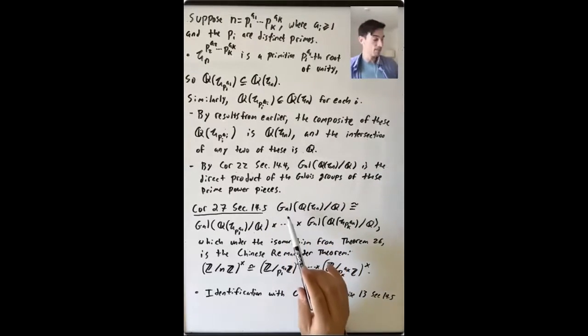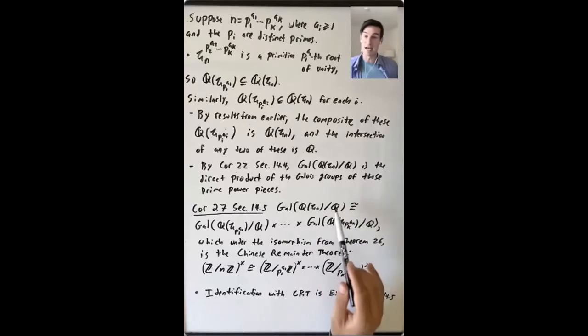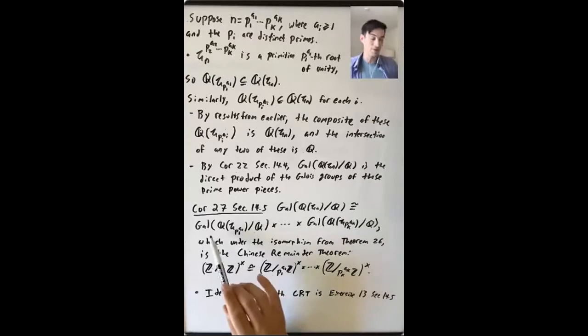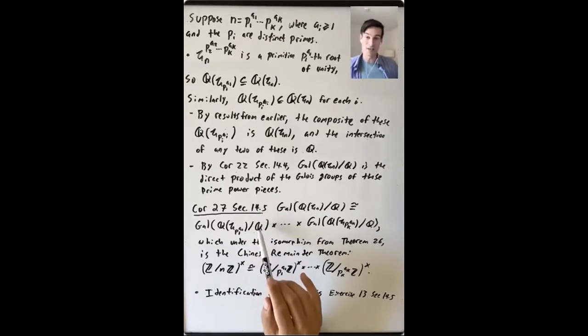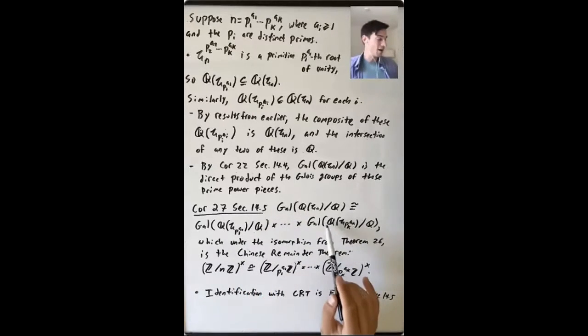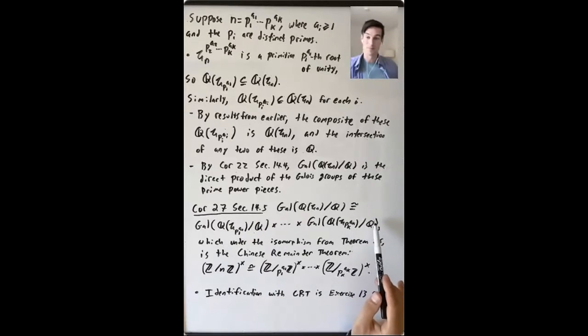So what is that saying? The Galois group of Q adjoin zeta n over Q is isomorphic to the Galois group of Q adjoin zeta p1 to the a1 over Q cross Galois group of Q adjoin zeta pk to the ak over Q.